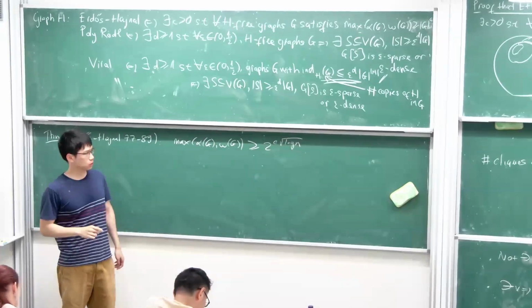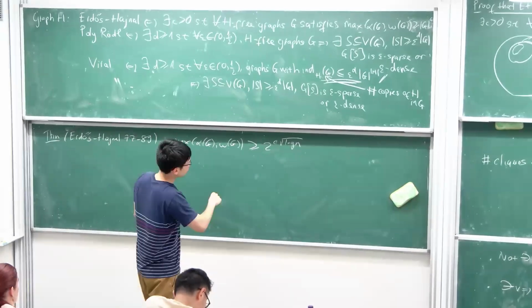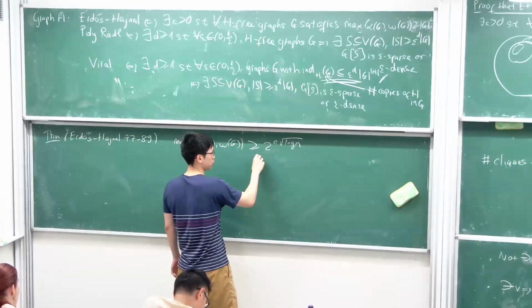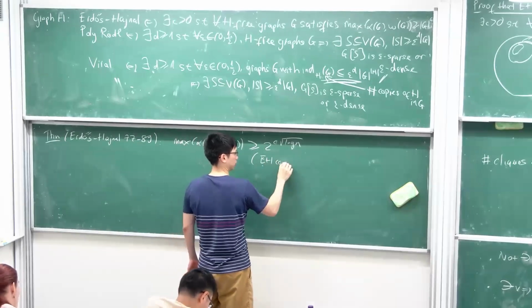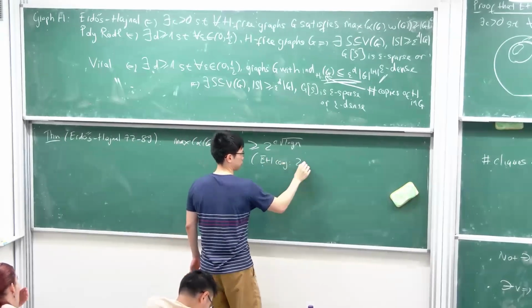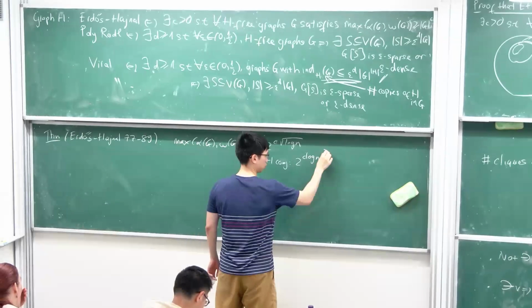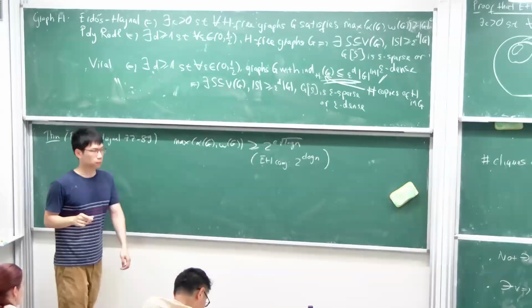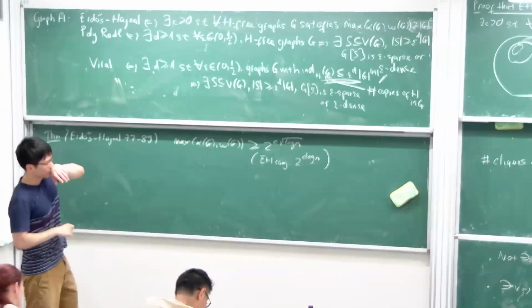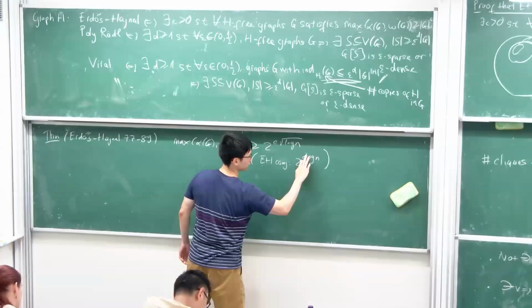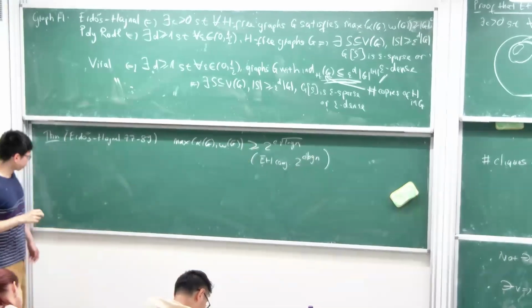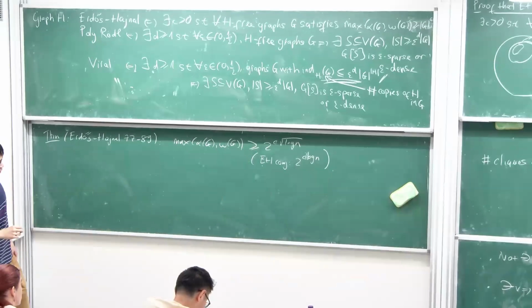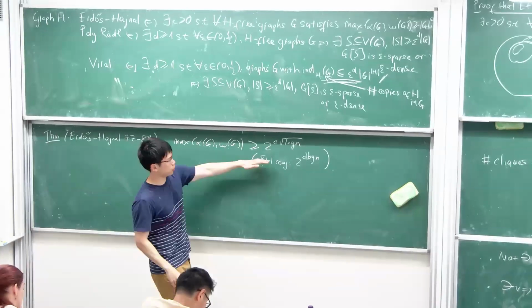Recall that the Erdős conjecture was 2 to the c log n. So this is already much better than log n.